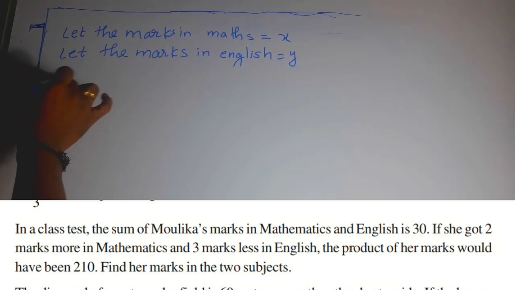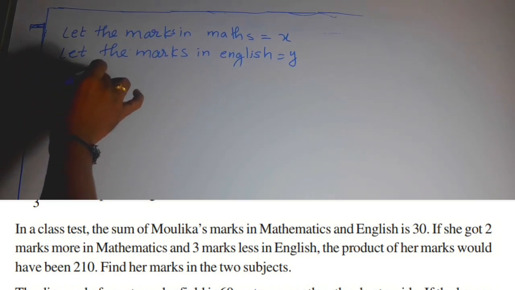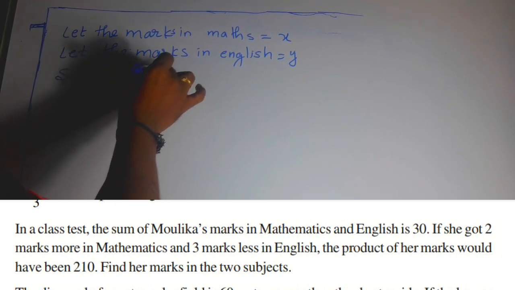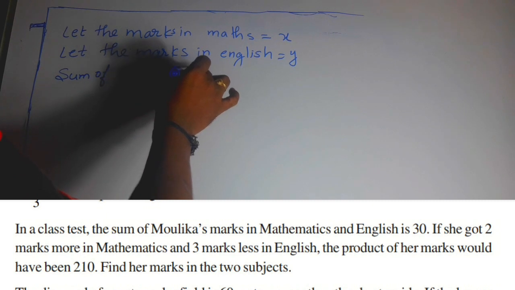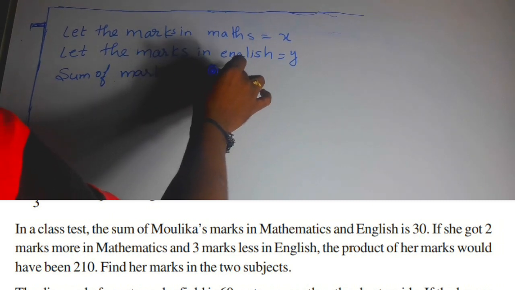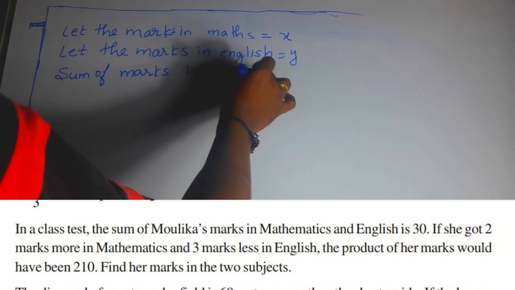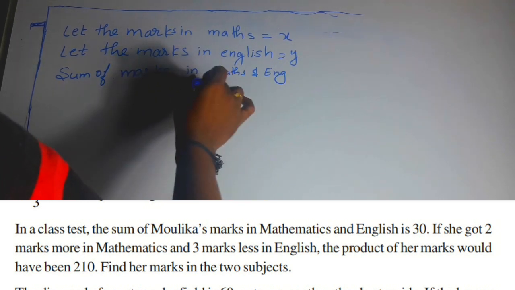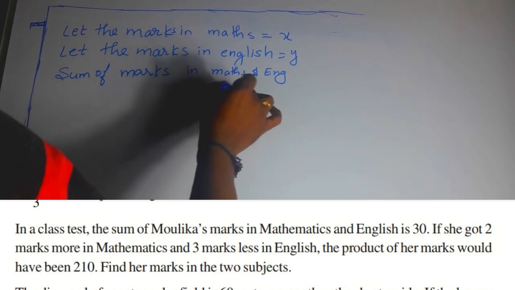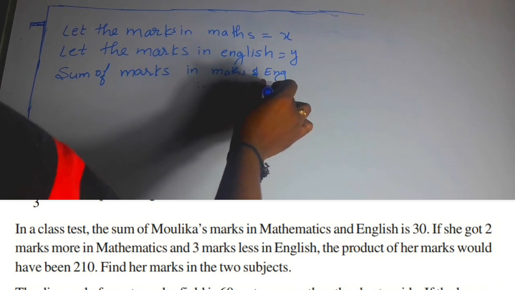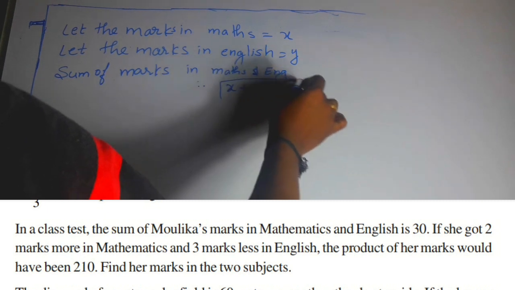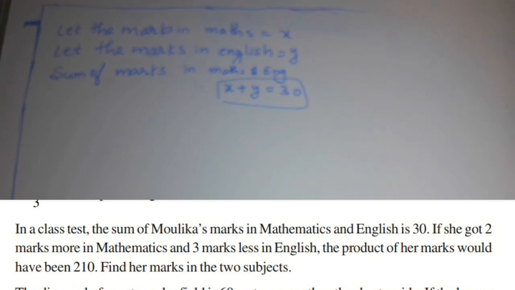According to the question, the sum of marks in maths and English, so that is x plus y is equal to 30. So let it be equation number 1.